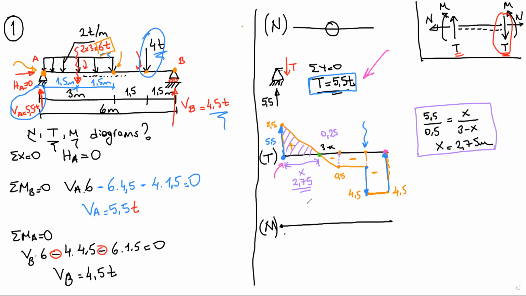Now, let's draw the curve here. These are the critical points. Let's calculate the area.